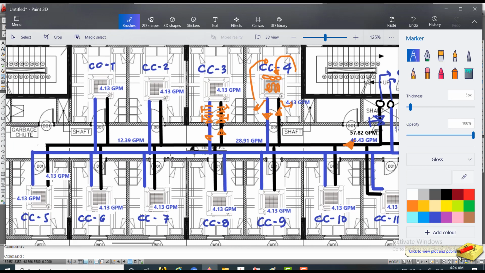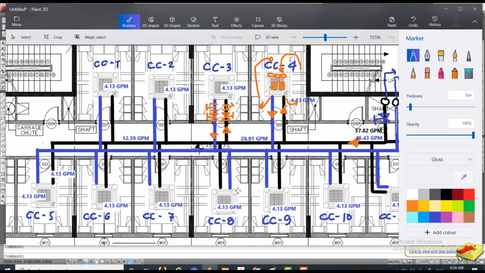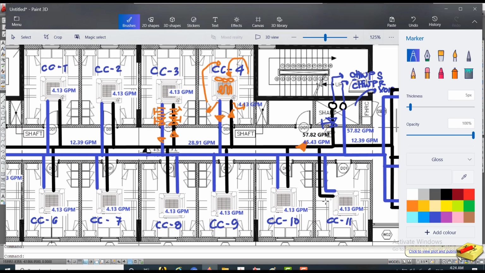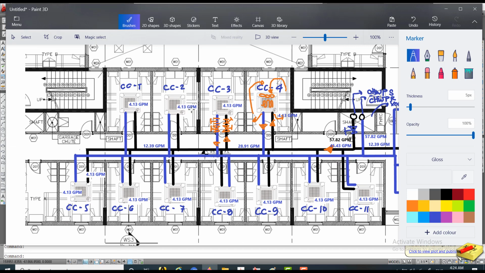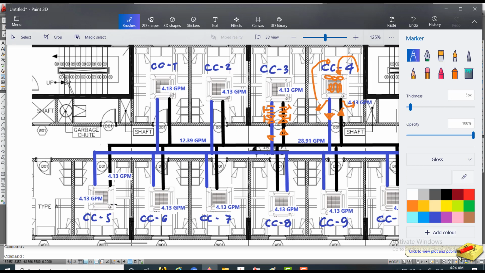Okay. So we have the given, nilagay ko rin dito yung volume flow rate ng bawat ceiling cassette natin na unit sa bawat rooms to indicate how much is the volume flow rate ng bawat unit. So ideally, katulad ng sinabi ko, just for ease of representation, lahat na lang natin nilagay as 4.13 GPM.